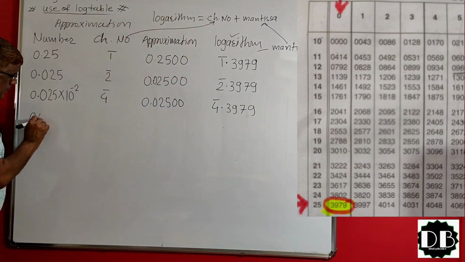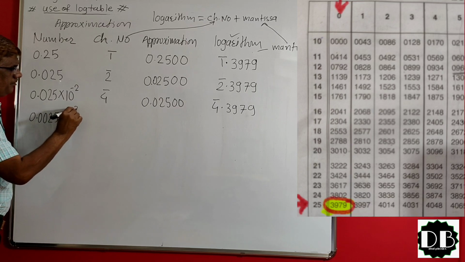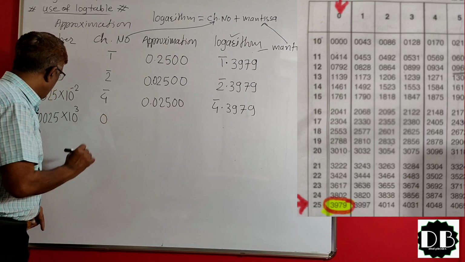We have the number 0.025 into 10 raised to 3. This is our number. Number has any value. Character number, how can you calculate it now? Character number 1, 2, 3. Bar 3 plus 3. Character number is 0.